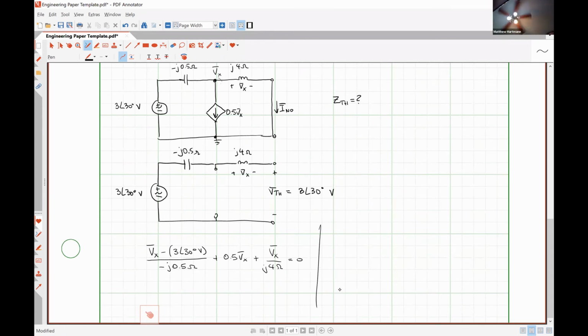So if I factor out Vx, I'm going to have 1 over minus J 0.5 ohms plus 0.5 plus 1 over J4 ohms is equal to 3 angle 30 degrees volts divided by negative J 0.5 ohms, if I did my algebra correctly.